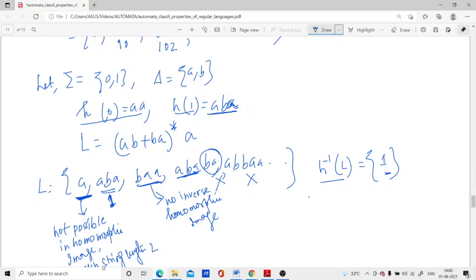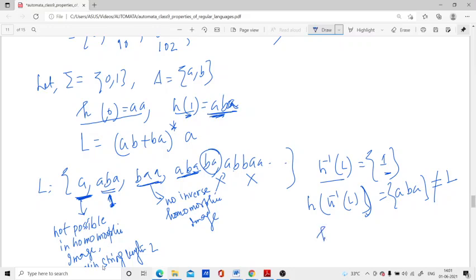That means if we again apply the homomorphism on this, the homomorphic image of 1 is nothing but aba, so we get aba, and of course that is not the total language.